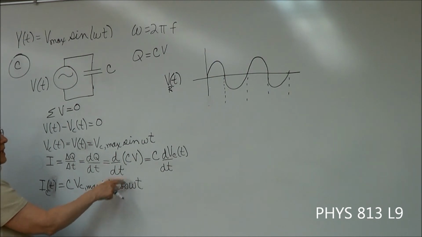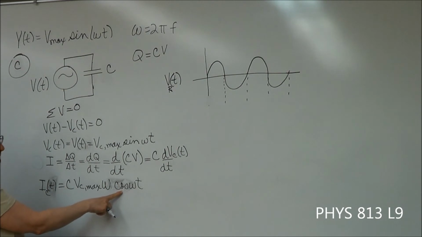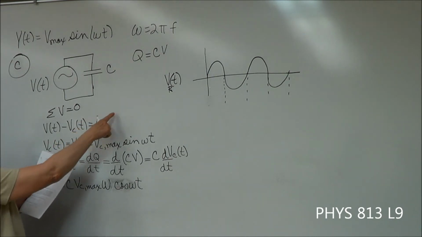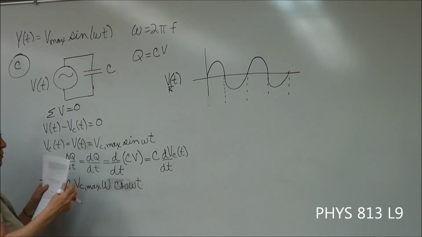I really want it in terms of sine. We can't just change cosine to sine because they're not the same. But we know that cosine is related to sine. I will put that up here in red. It's in the write-up as well.